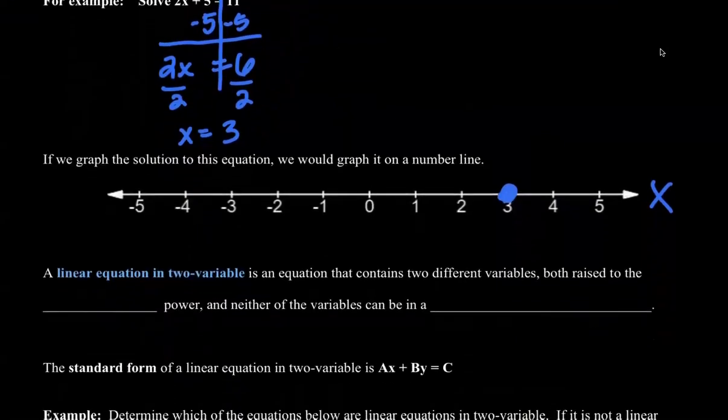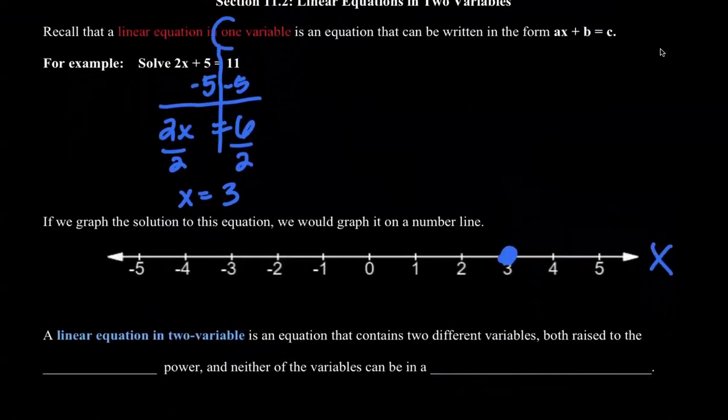Now, if we have a linear equation in two variables, so this was one variable, now we have something in two variables. It's an equation that has two different variables, both raised to the first power, and neither of the variables can be in a denominator.